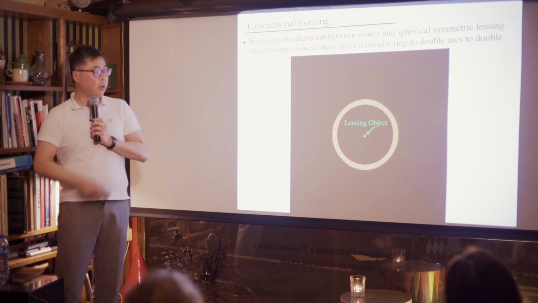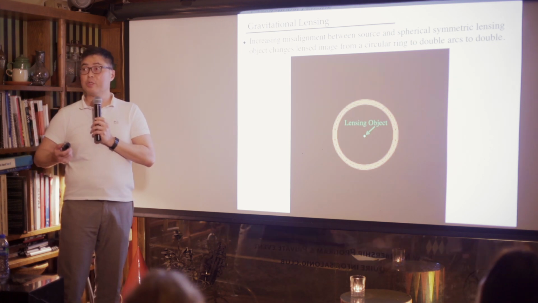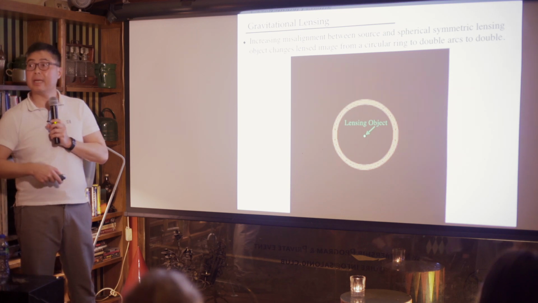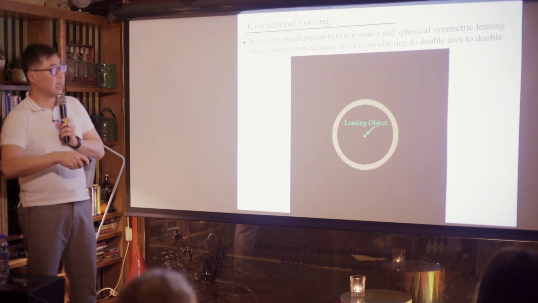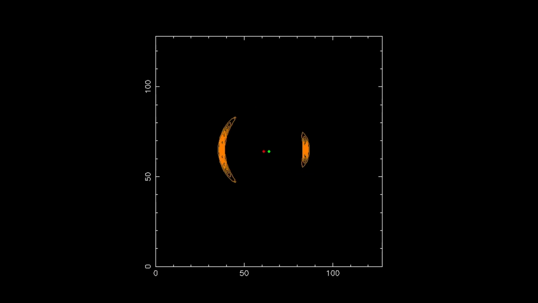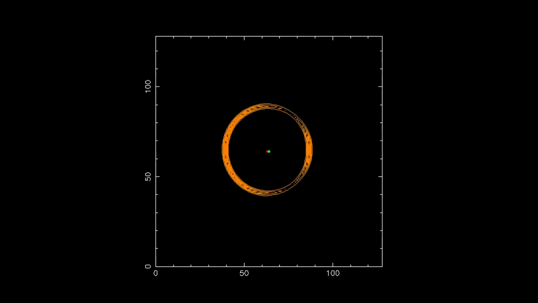All right, now if this lensing object is a spherical distribution of stars, like a ball of stars, then you would see a ring, an Einstein ring. Okay, now I'm going to show you what happens when the alignment becomes not so good. So the red dot is the background object. So as alignment becomes less perfect, you first start off seeing a big arc on one side and a small arc on the other side.